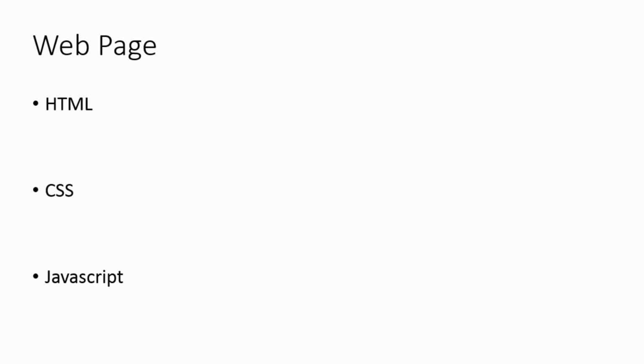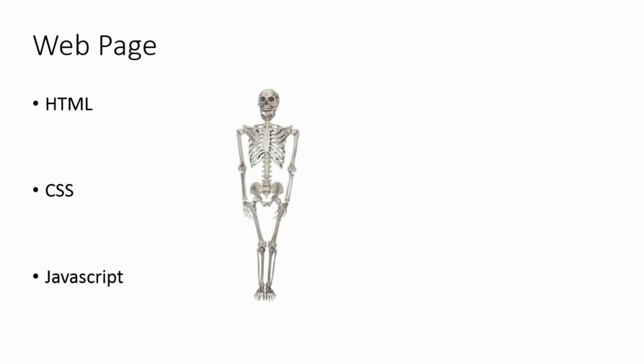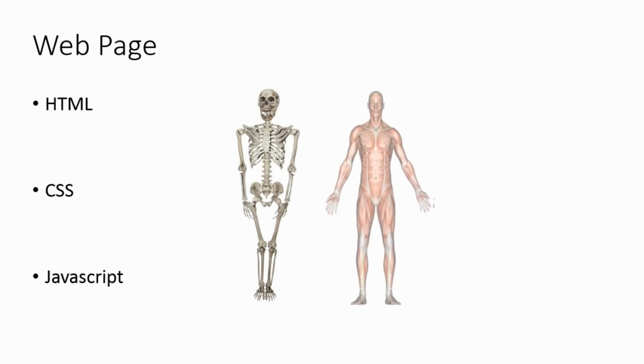HTML is like the skeleton of the web page. It provides the skeleton structure in the web environment. CSS is the muscles for that skeleton. In other words, CSS provides the graphic design of the HTML pages that you have created.